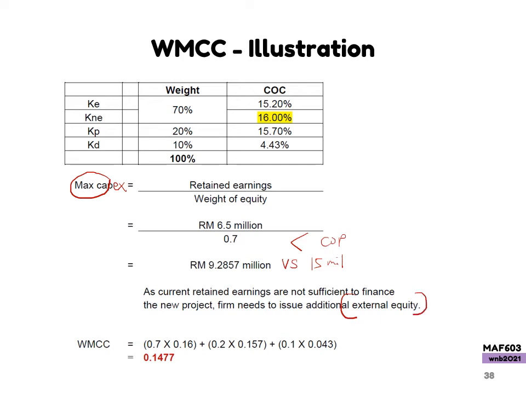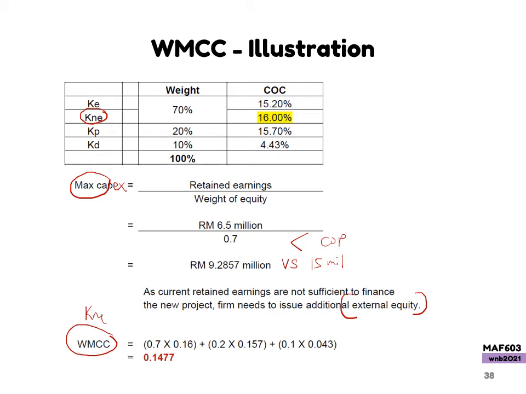So bila nak kena issue external equity yang tambahan, dah tak boleh kira WACC, we need to calculate WMCC. Okay, so nak kira WMCC, weight of equity yang kat sini 0.7, nak darab dengan cost of capital KE ke KNE, we need to take the KNE sebab kat sini WMCC.